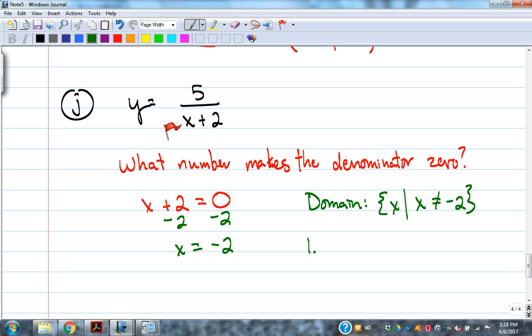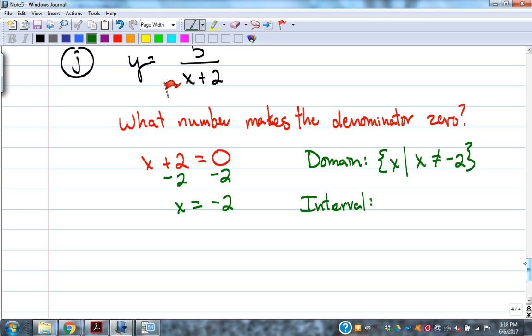Now, in interval notation, that's a little tougher to write. The original domain of every function is negative infinity to positive infinity. So you've got this number line going along here, and down here is negative infinity, up here is positive infinity. There's a -2 in the middle here that we've got to jump over. So when you look at your domain, you've got all of these numbers here, and then you're skipping that one and going on to positive infinity.